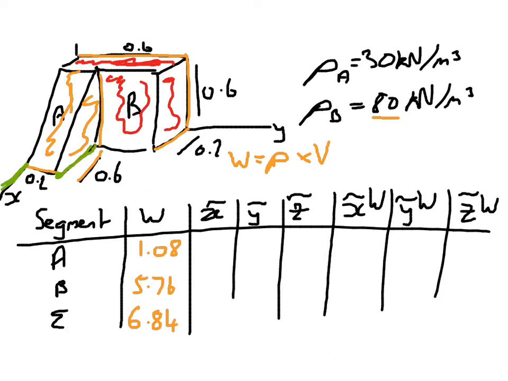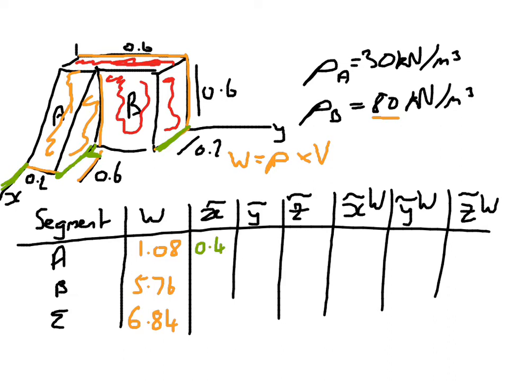It's a triangle, so the centroid position will be 0.2 metres, or 1/3 from the fat end, so 0.2 metres there. But we're already 0.2 metres from the x-axis, or along the x-axis. So the total X tilde position is going to be 0.4 metres.